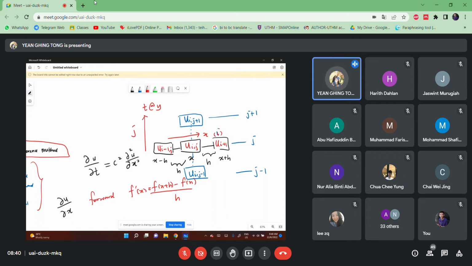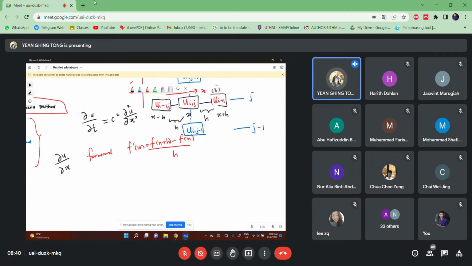Now, I want to change this del U del X to the finite difference form.